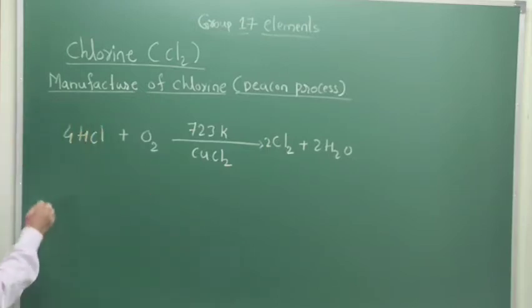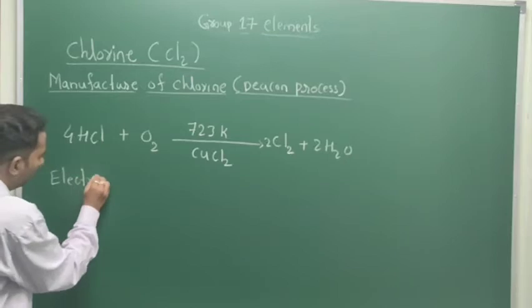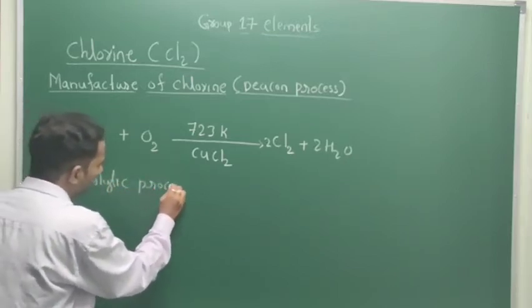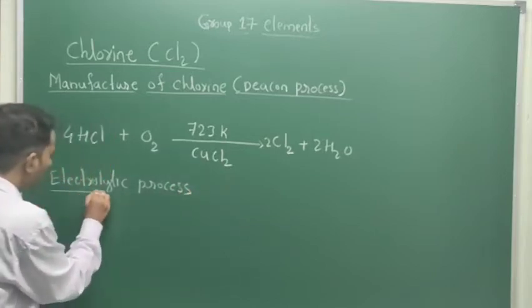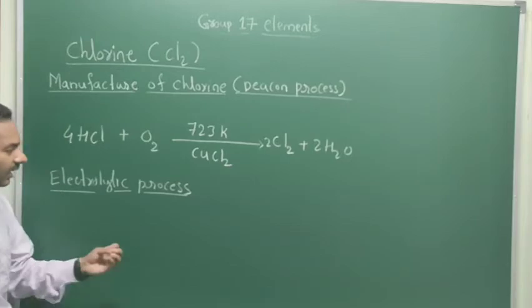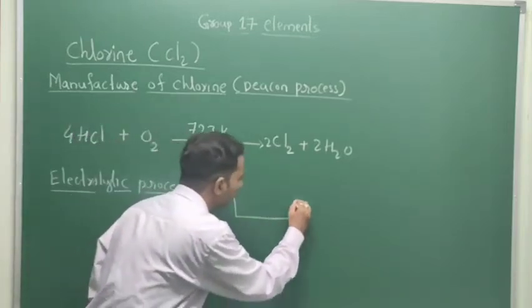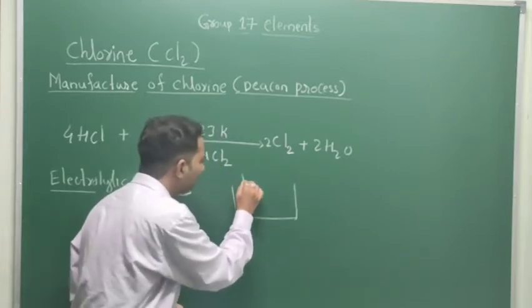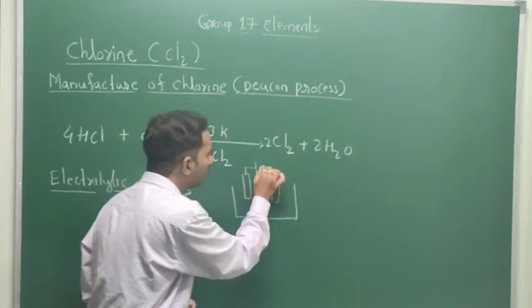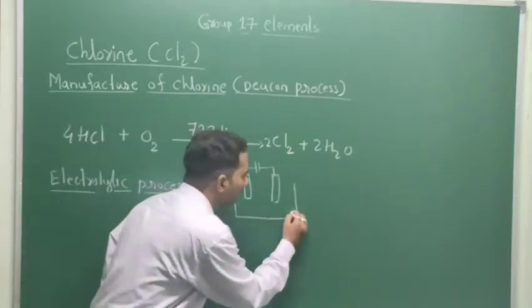So next one is the electrolytic process. Here we already know what we mean by electrolytic process. Consider a beaker containing two electrodes.